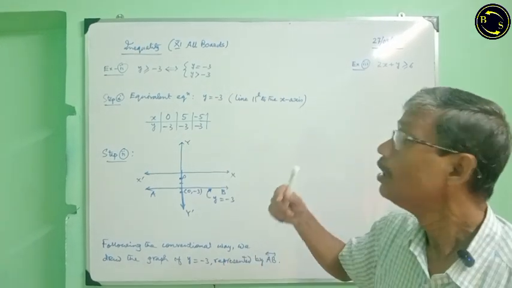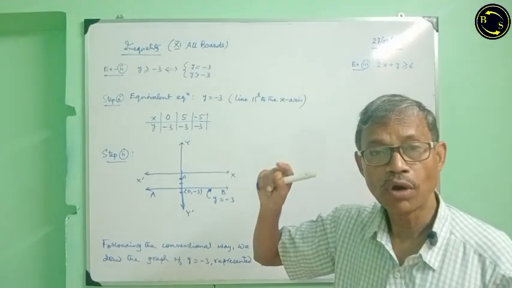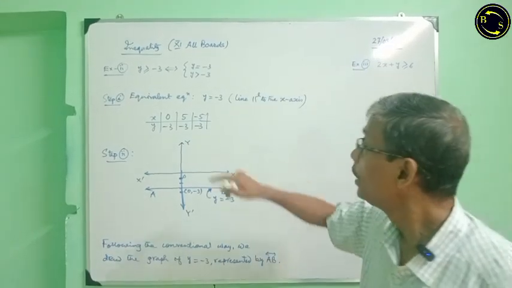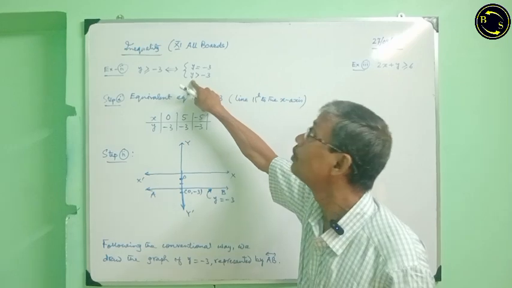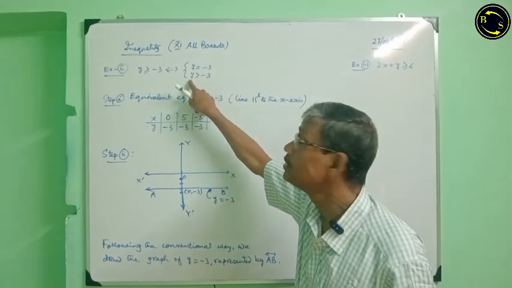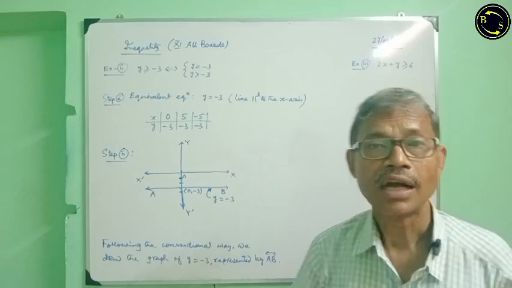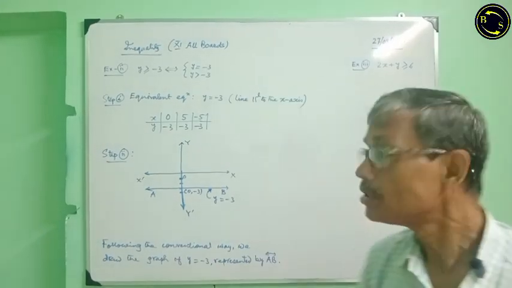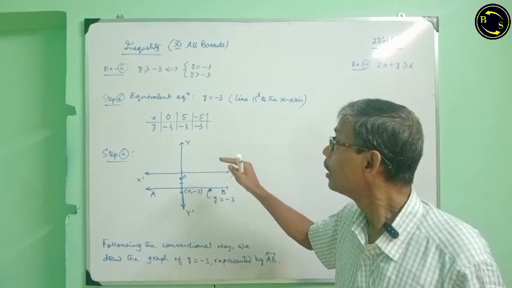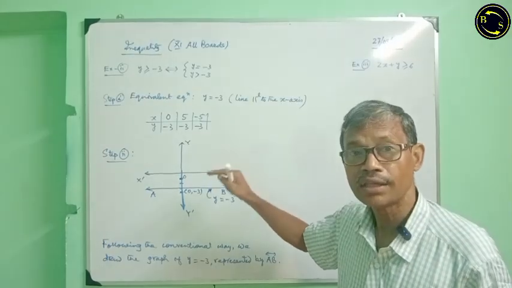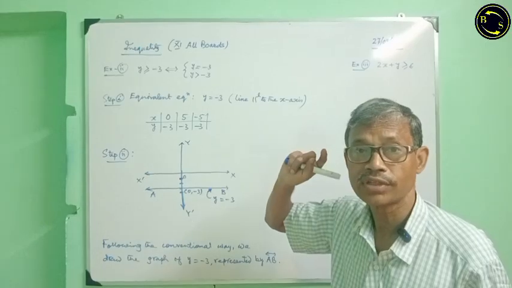Now, we put that value for y, that is 0, in this original equation. On the left side, 0 is 0 greater than minus 3. Answer is yes. That means origin is lying in the solution region of y greater than minus 3.